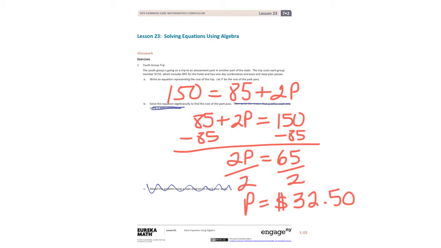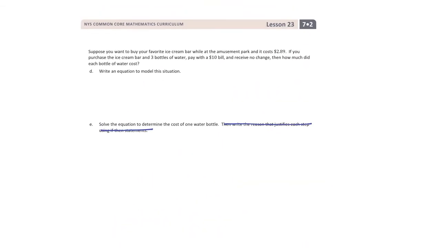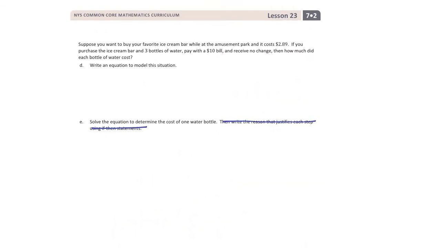We're not doing the tape diagram model in part C. Okay. Suppose you want to buy your favorite ice cream bar while at the amusement park and it costs $2.89. If you purchase the ice cream bar and 3 bottles of water, pay with a $10 bill and receive no change, how much did each bottle of water cost?